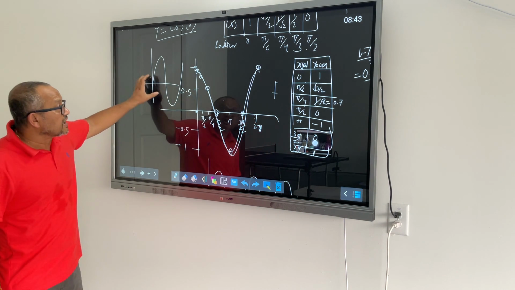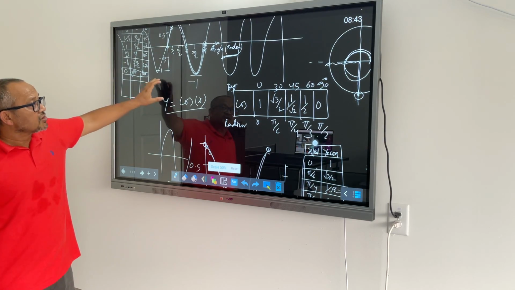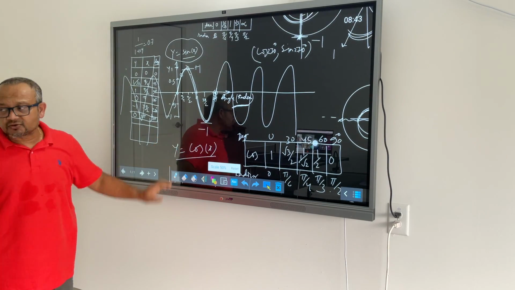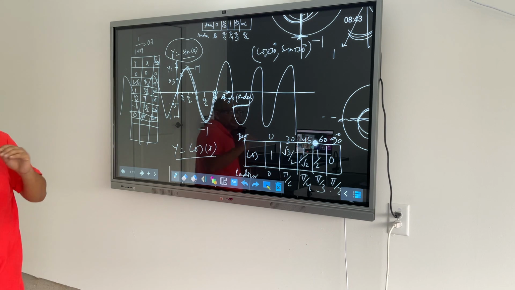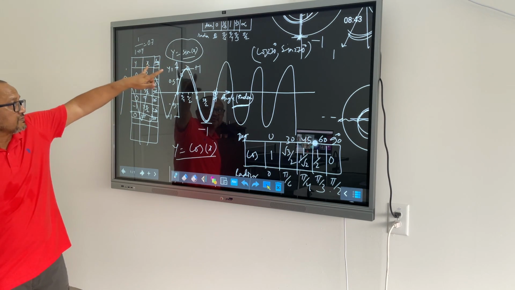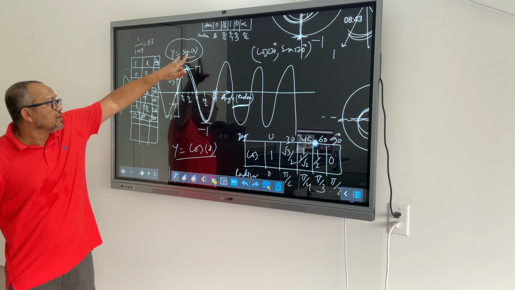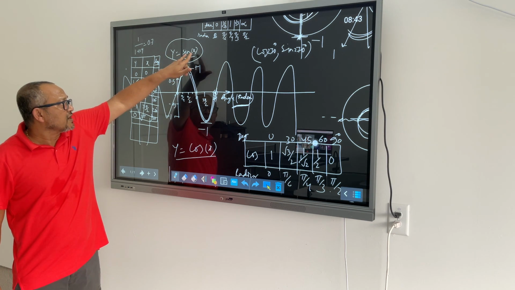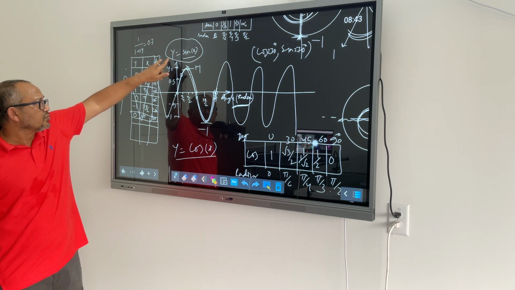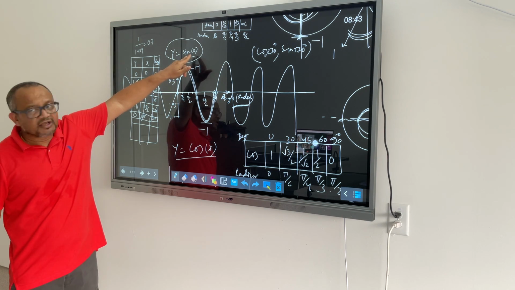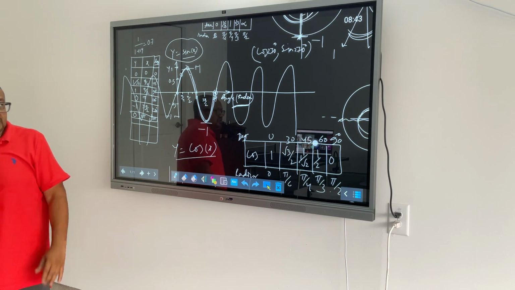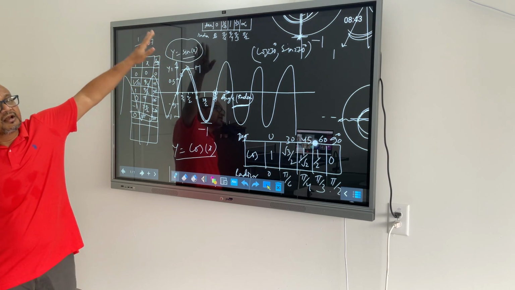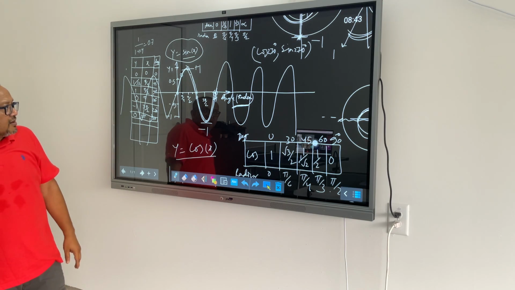But the summary that I'm trying to put here is, drawing a sine curve or drawing a cosine curve is not a big deal, as long as we stick to the basics. Any curve that we draw from an equation, you have two variables. One variable goes as an input, other one is your output. Here your input is angle, output is the sine of the respective angle.